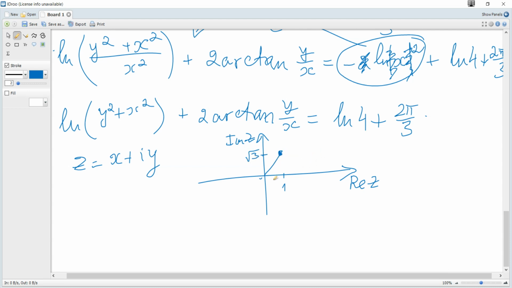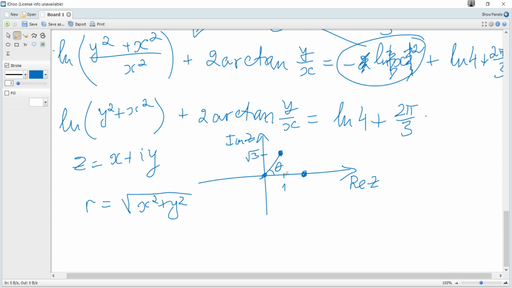Anyway, we understand that the modulus of a complex number, r, is the distance from the origin, and it is equal to the square root of x squared plus y squared. And what is the argument? Zero angle is here, and anti-clockwise gives positive angles, clockwise gives negative angles, and it's actually the angle theta.